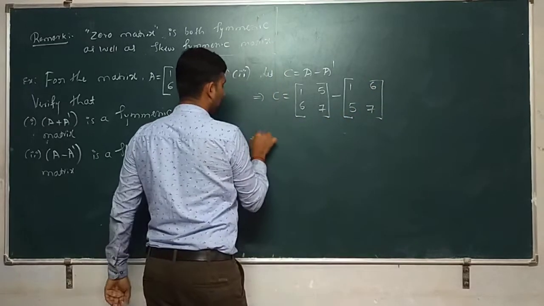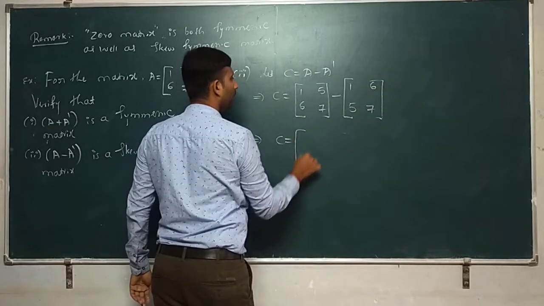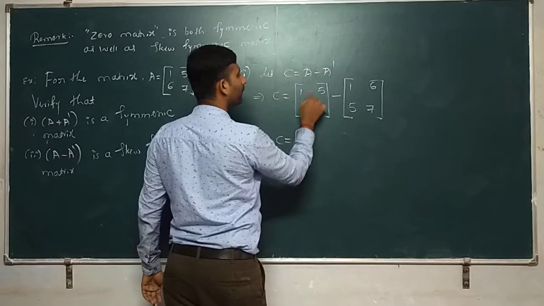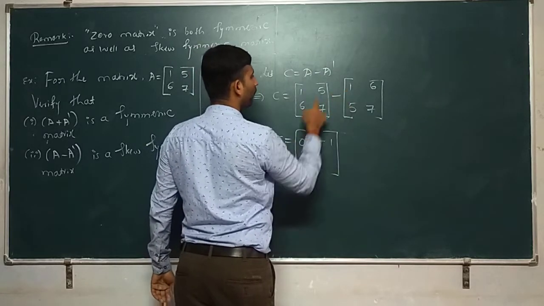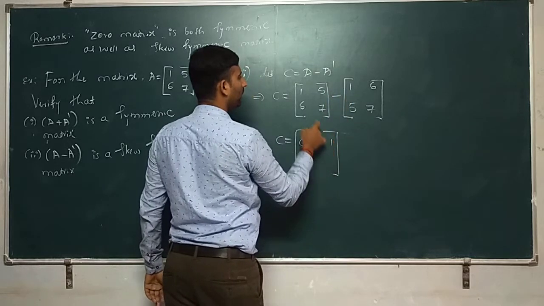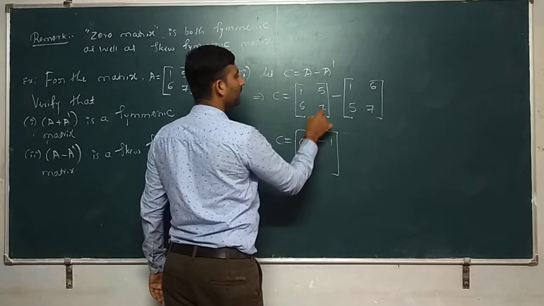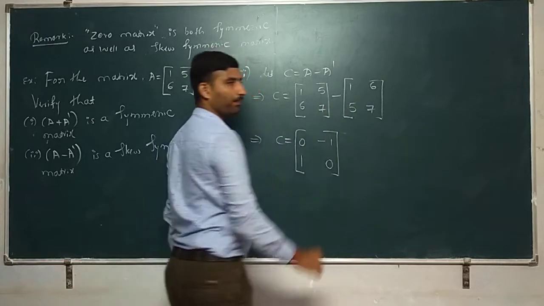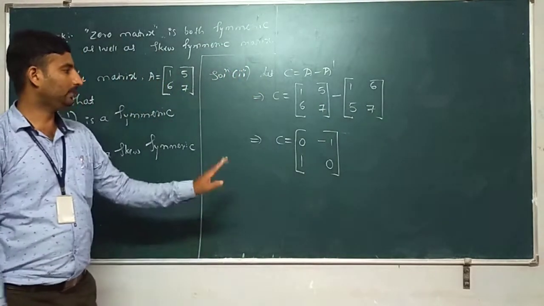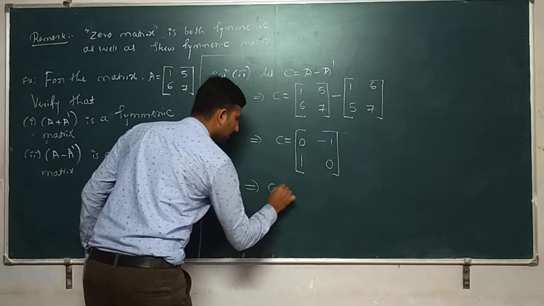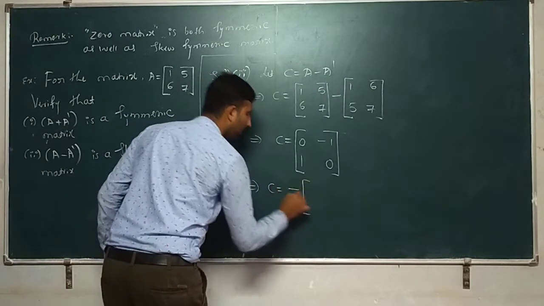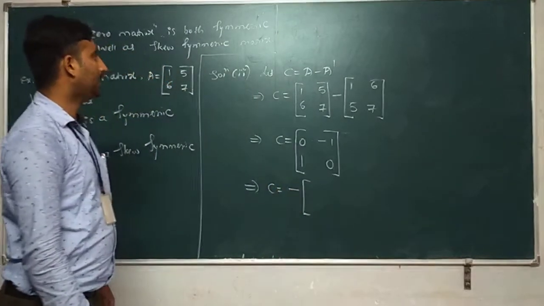Which implies C is equal to 1 minus 1 is 0, 5 minus 6 is minus 1, 6 minus 5 is 1, 7 minus 7 is 0. Correct? Which is the value of C. Now, which implies C is equal to minus, we take it as common.